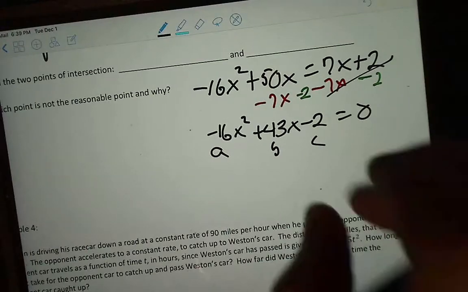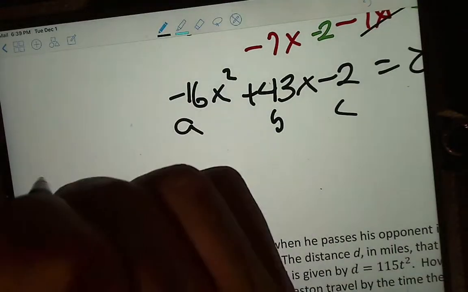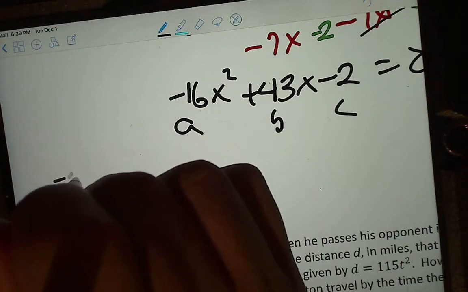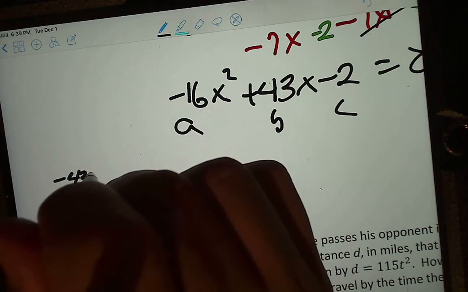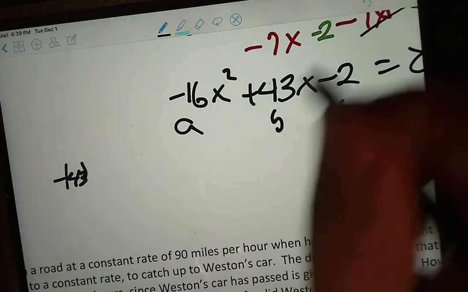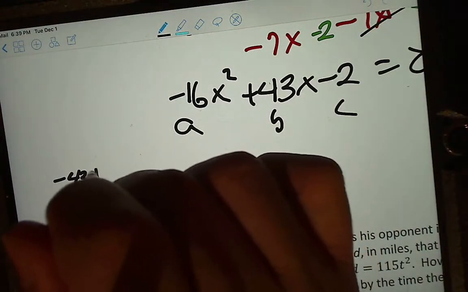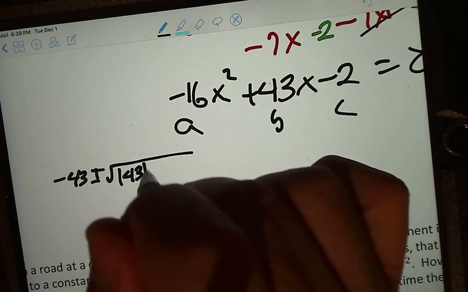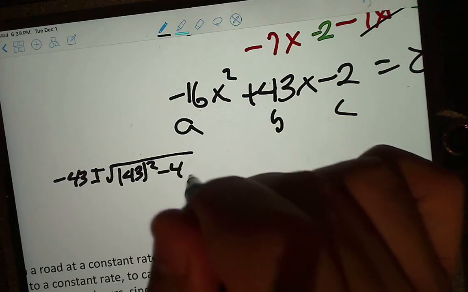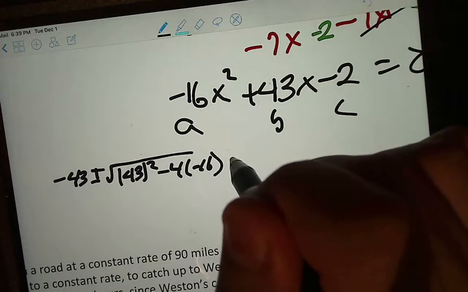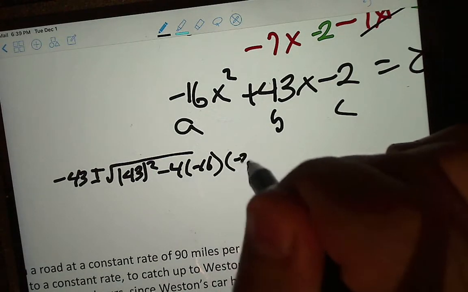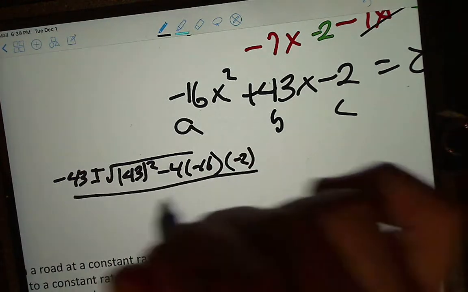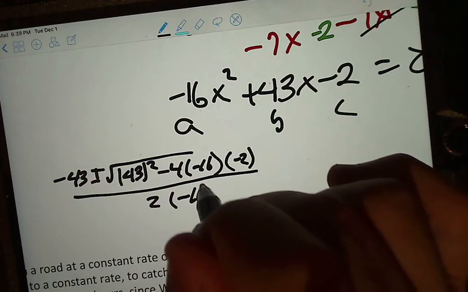And again, I'm going to run through the whole process one more time just to show you. So negative 43 plus or minus the square root of 43 squared minus 4 times negative 16 times negative 2, all over 2 times negative 16.